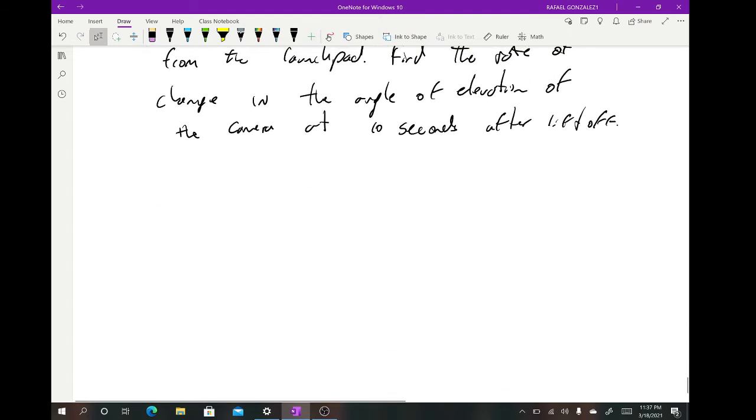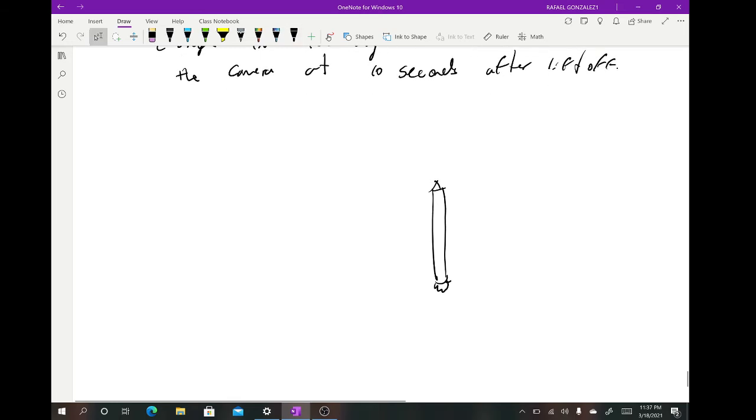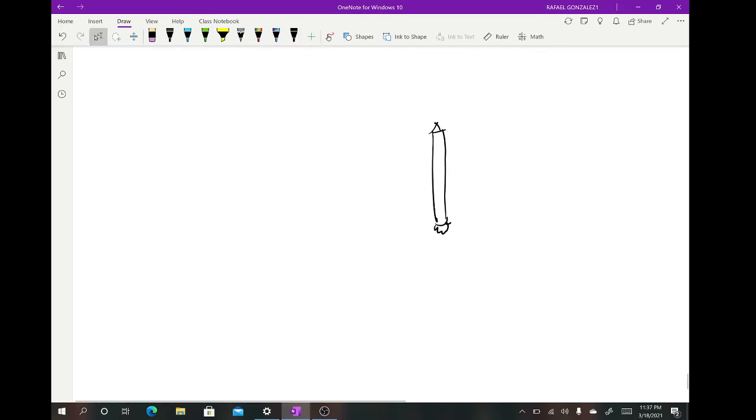Before we begin, again, trying to figure out what we're dealing with, it's always good to draw an image. So what do we have here? We have a rocket or a space shuttle, kind of like this, right? And the space shuttle is some distance above the ground.